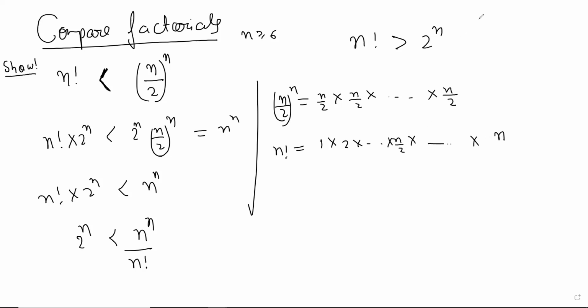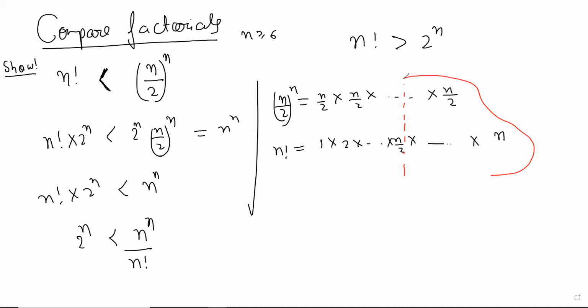Now you see, till this point, n by 2 to the power n is winning, right? Every time it's bigger numbers, right? N by 2 is bigger than 1, n by 2 is bigger than 2, n by 2 is bigger than, okay, till before n by 2, right?